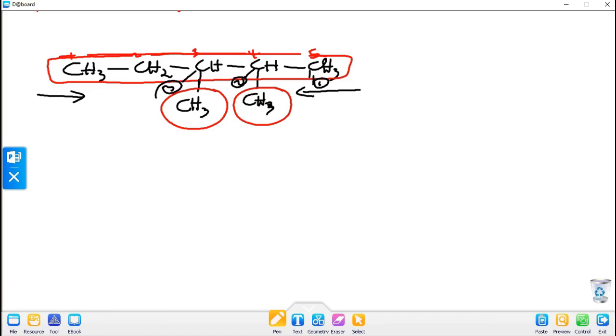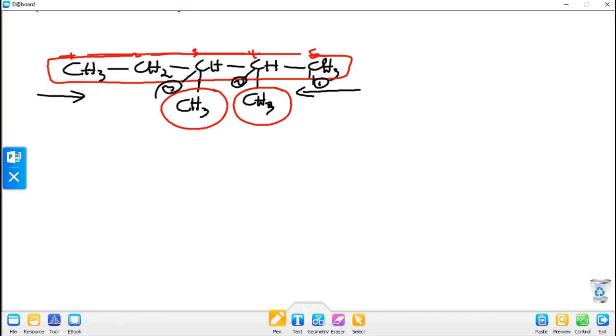So the first CH3 will be at carbon 2, and the second CH3 will fall under carbon 3. But if we go from the left-hand side, we are going to have 3, 4. That is to say, the first CH3 will fall under carbon 3, and the second under carbon 4.